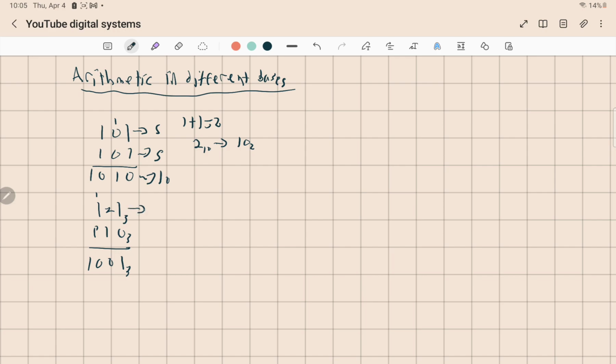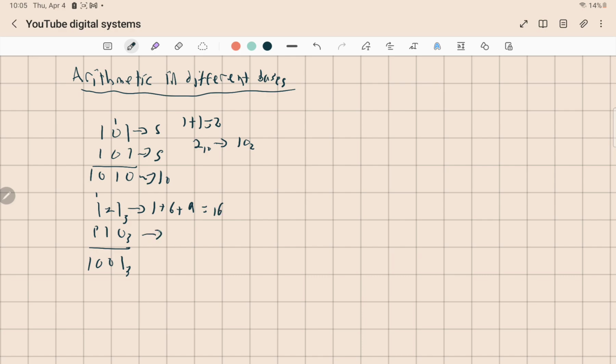And we just convert this into decimal. So 1, 2, 1 in base 3 is 1 plus 6 plus 9. So 1 plus 6 plus 9 equals 16.